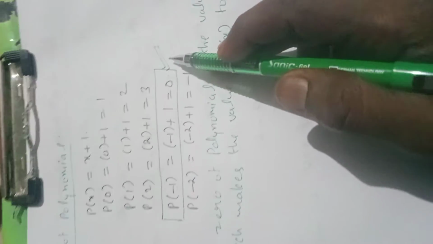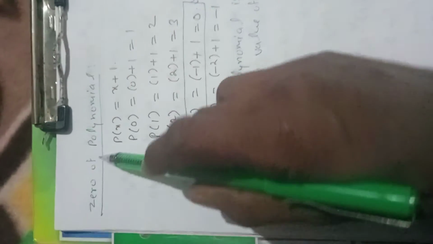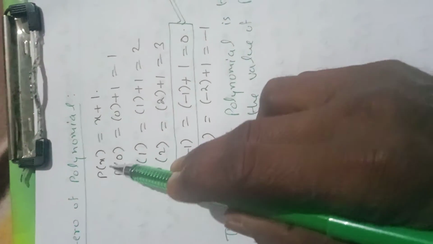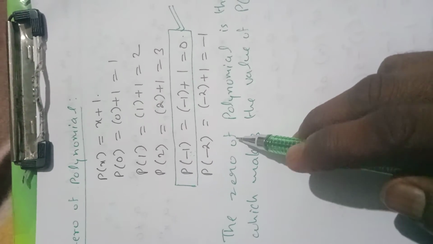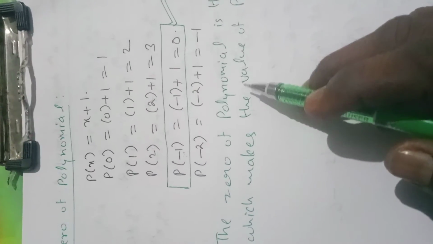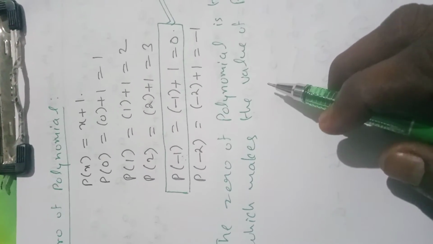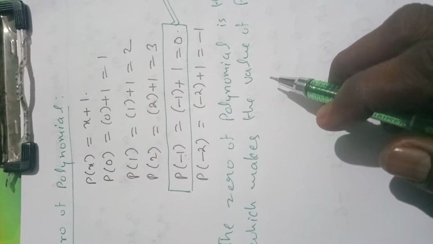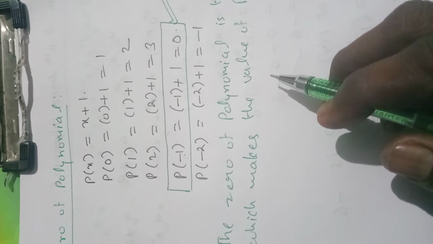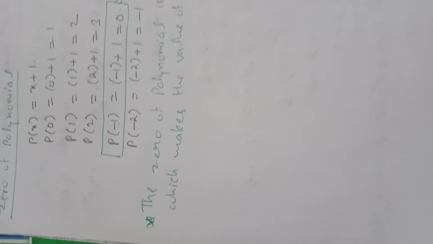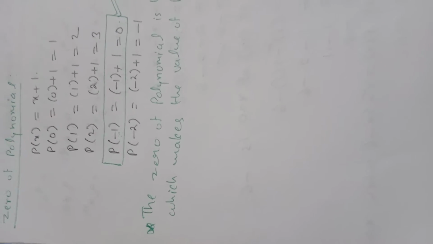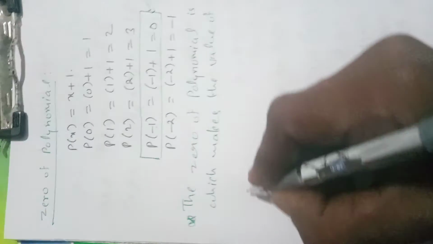Now whenever you want to find the zero of a polynomial, there is no need to try different numbers for x. We have one method to find the zero of polynomials, whether it is a linear polynomial, a quadratic, a cubic, or a polynomial of any degree. Now we are going to discuss how to find the zero of a linear polynomial.